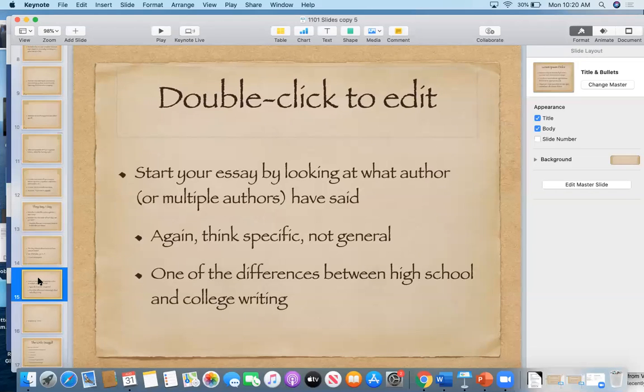Also, sometimes it's helpful to start off your essay by looking at what multiple authors have said. What I mean by that is, once again, in college, let's say you have to write a whole paper on the Battle of Gettysburg, to keep the theme of the Civil War.